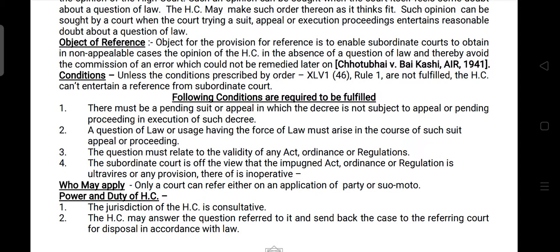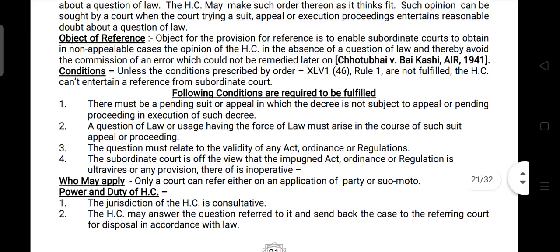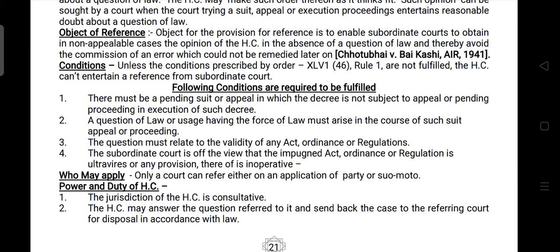It was held in the case of Chotu Bhai versus Bakshi, AIR 1941, that the object of the provision of reference is to enable the subordinate court to obtain in non-appealable cases the opinion of the High Court on a question of law, and thereby avoid an error which could not be remedied later on. So that is the object of reference.